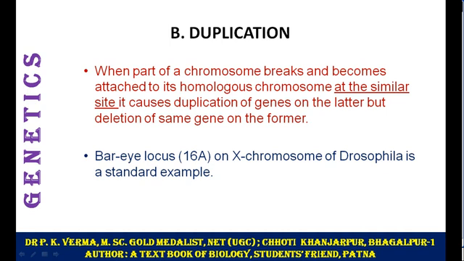But when the ommatidia decrease to 800, 600, 400 or 250 like this, the appearance becomes a rod-like, thin, very thin structure. So this is called the bar eye locus. Here by duplication there is loss, not gain. That is because of the position effect.